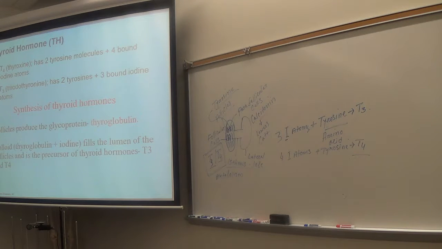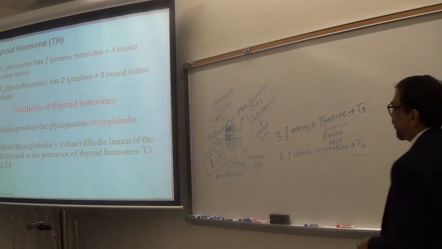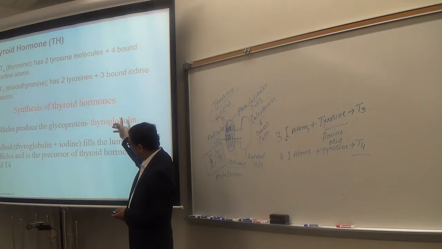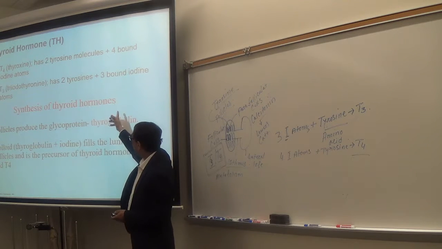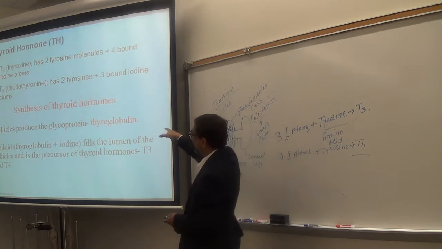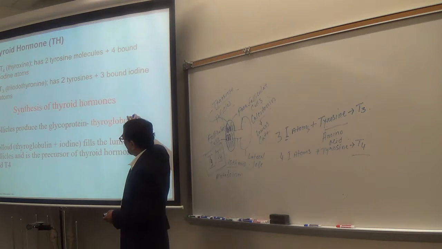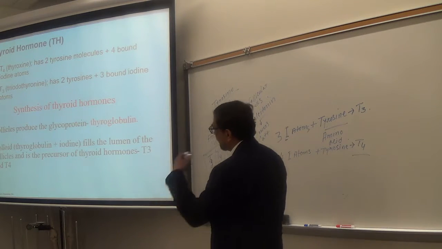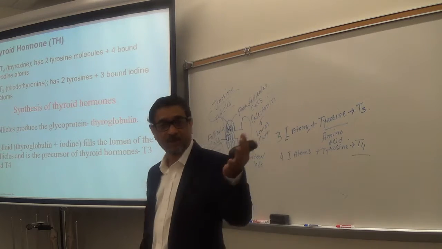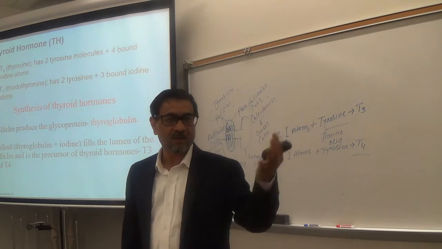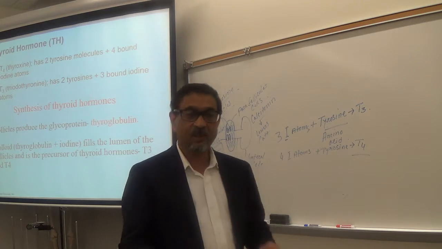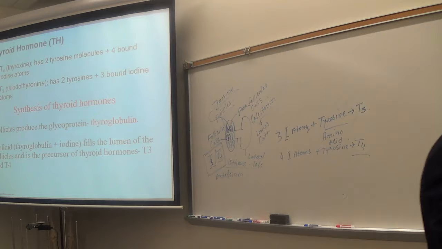The follicles are filled with a protein called thyroglobulin, and that protein has tyrosine. So that's how we get tyrosine, and iodine comes from outside. We take iodine with iodized salt or many fruits or vegetables. We need enough iodine to produce enough T3 and T4.